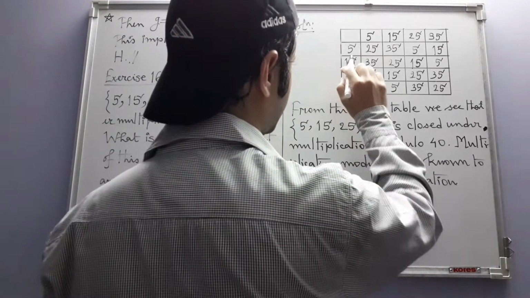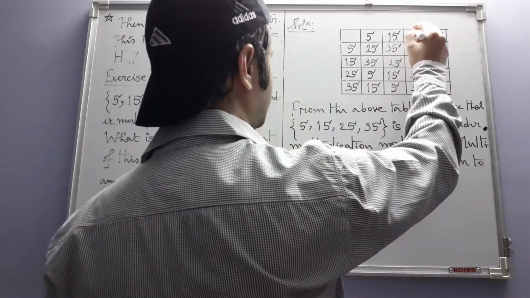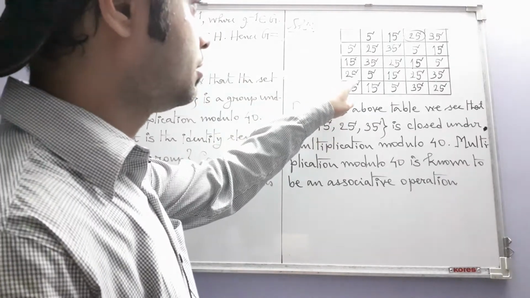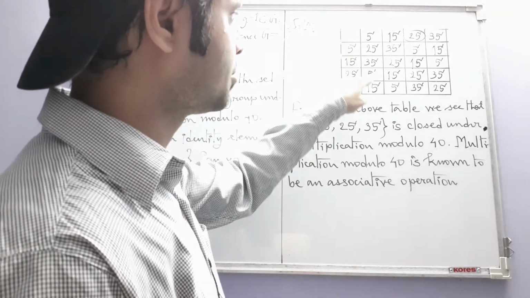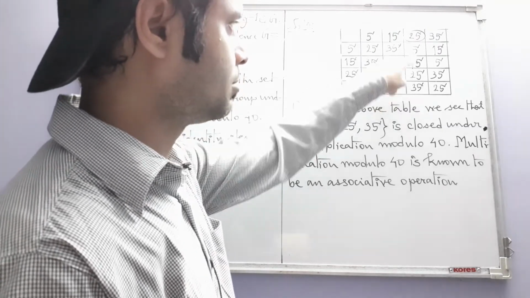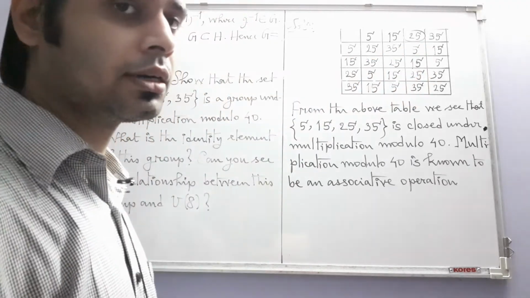If you look carefully, the identity element seems to be 25, because when we are multiplying 25 with anything, 25 times 5 is 5, 25 times 15 is 15, 25 times 25 is 25, and 25 times 35 is 35.